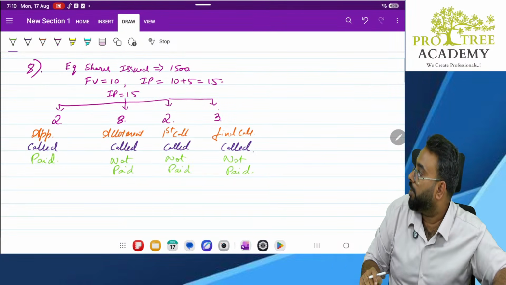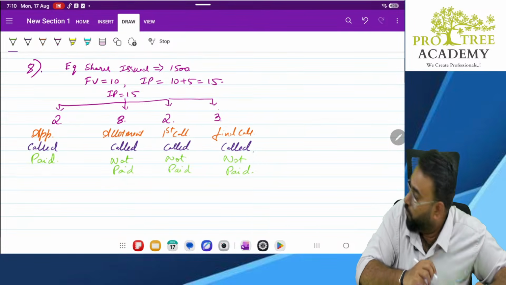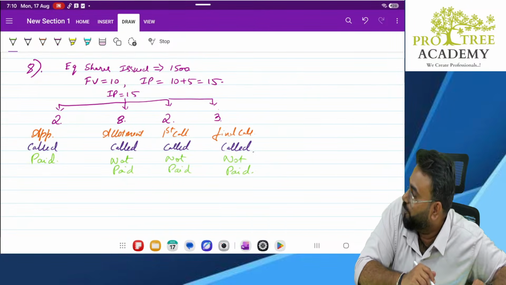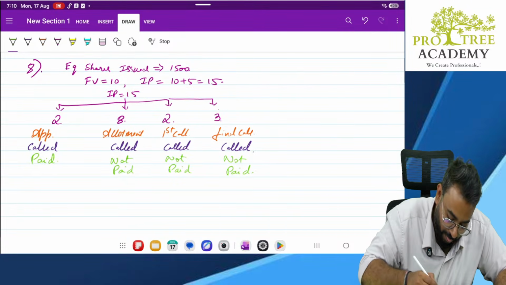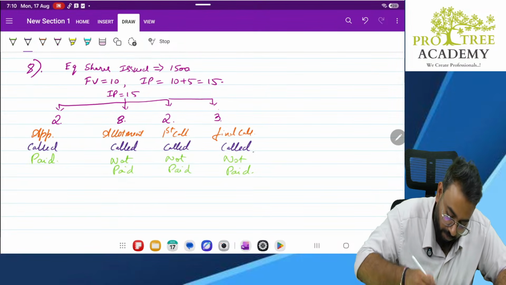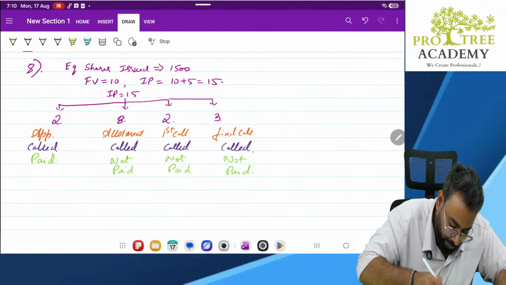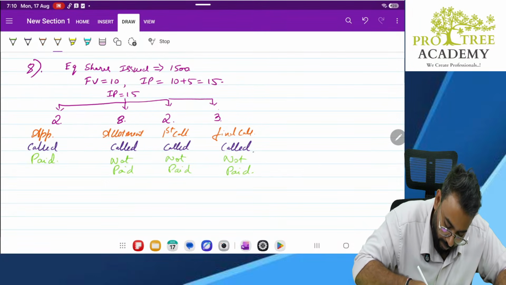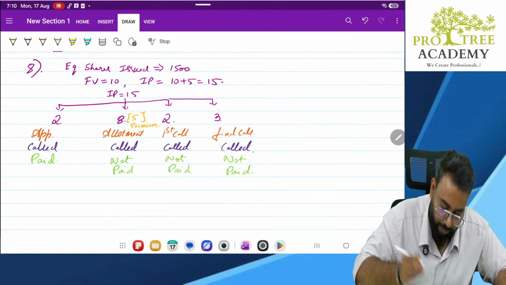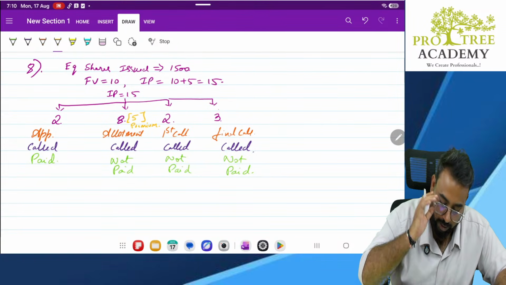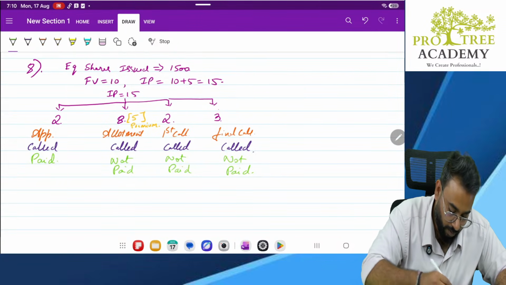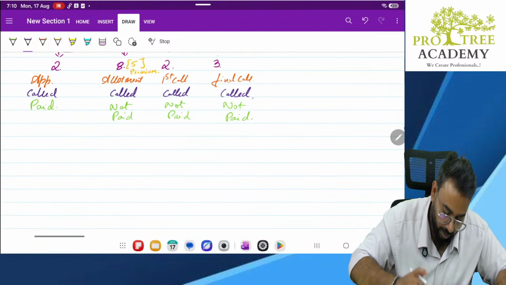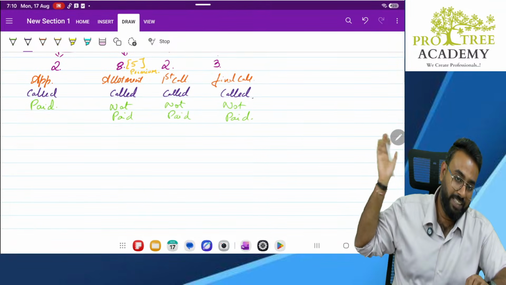Correct? Oh, unknowingly we have drawn with the colors of the Indian flag. Now, what is the premium here? 5 rupees premium. Correct? That is also not paid. Now we have to cancel.